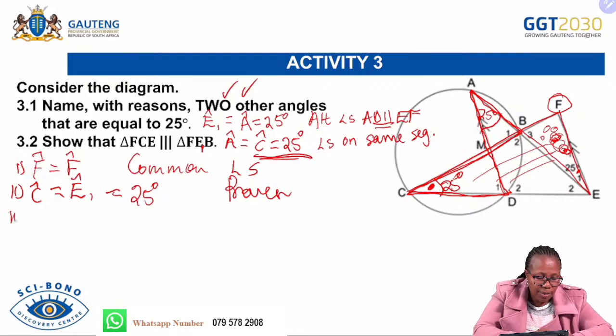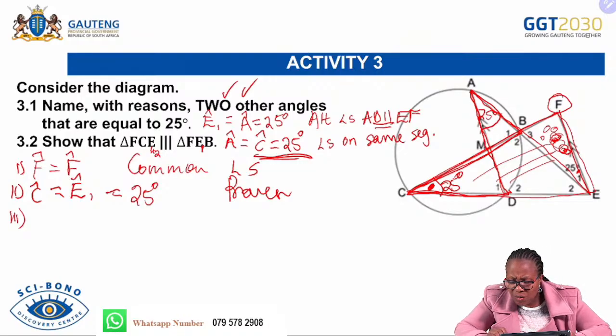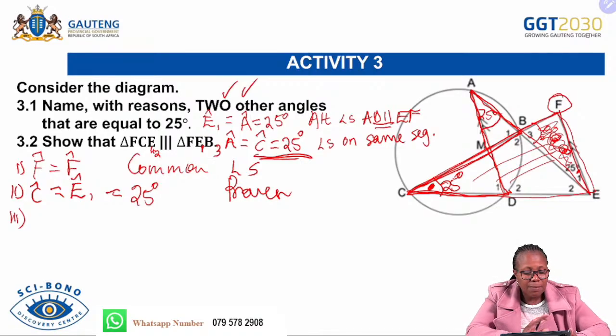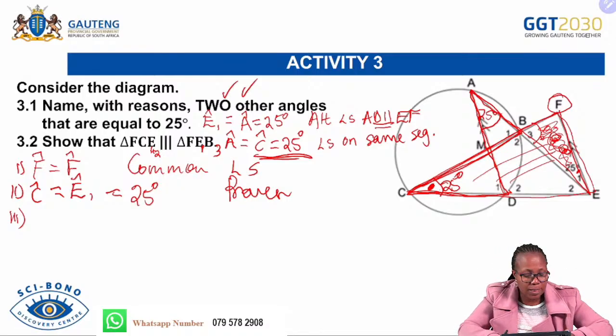And then now we have the third angle, the last one, we are talking about E. Which E now in the bigger triangle? We are talking about the whole of E, which is 1 and 2 for FCE. And then they say it must be equal to angle B in the smaller triangle, this one. Therefore, we are talking about B3 there. Remember, if you have two angles equal, without stressing about the reason, you can conclude the remaining is equal.